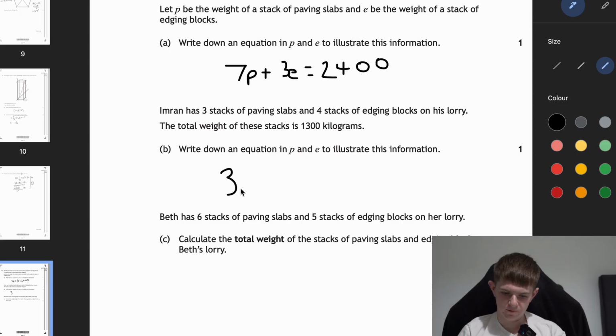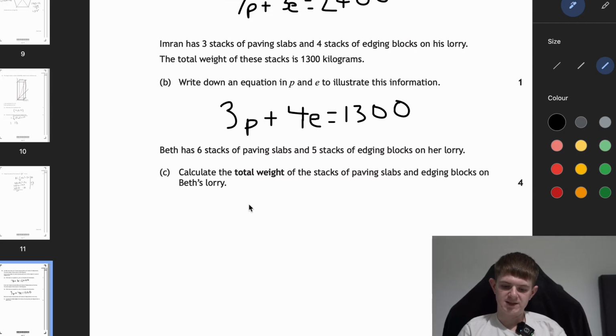For B, we've got 3P add 4E, and that equals 1,300. So how do we do this?